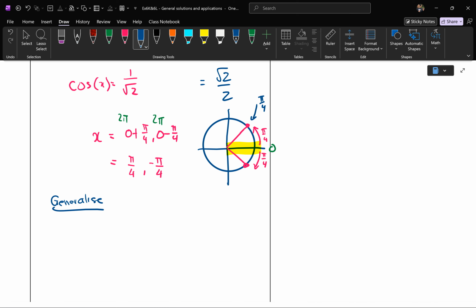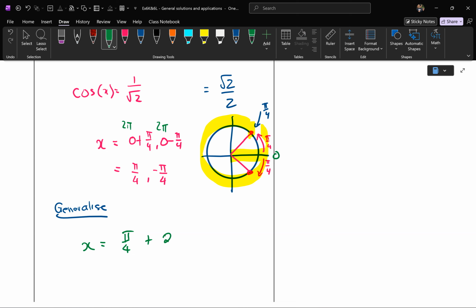So if I started here, I'd have to go all the way around by one period to get back. So here's my first generalization. I would then say x can equal pi on 4 plus the period. Now the period of this is, there's no end there, so therefore it must be 2 pi. But how many 2 pi's am I doing?